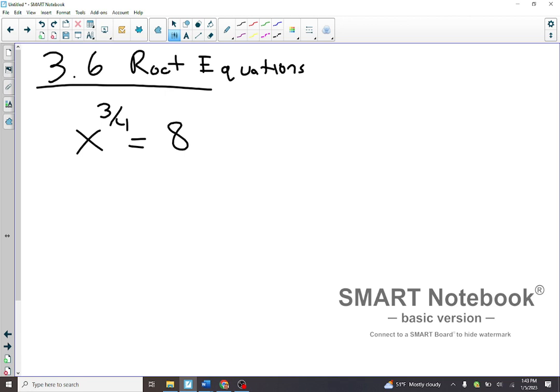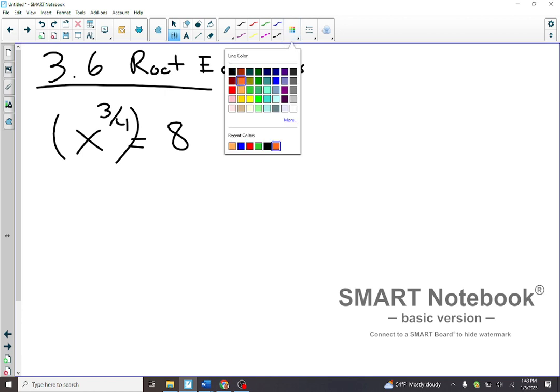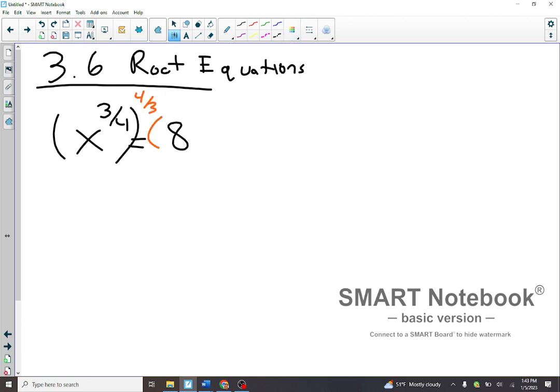So, to get rid of the exponent, I'm going to use the reciprocal. Remember though, it is not 4/3 times 8. It's going to be, in a different color, the power of 4 over 3. So x equals 8 to the 4 over 3, which you could rewrite as the cube root of 8 to the 4th.